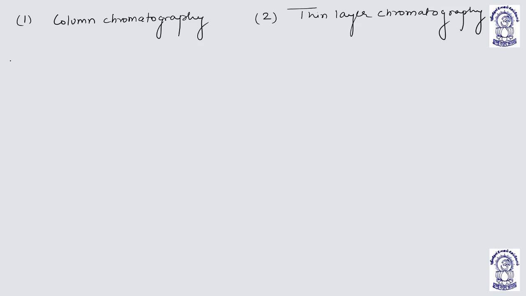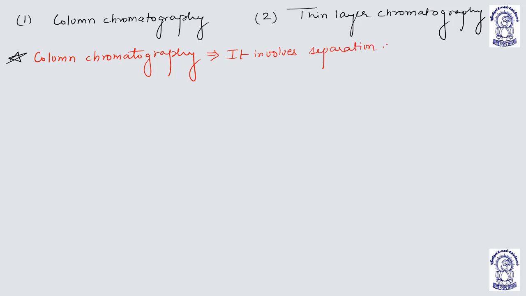Column chromatography involves the separation of a mixture over a column of adsorbent, that is stationary phase, packed in a glass tube.